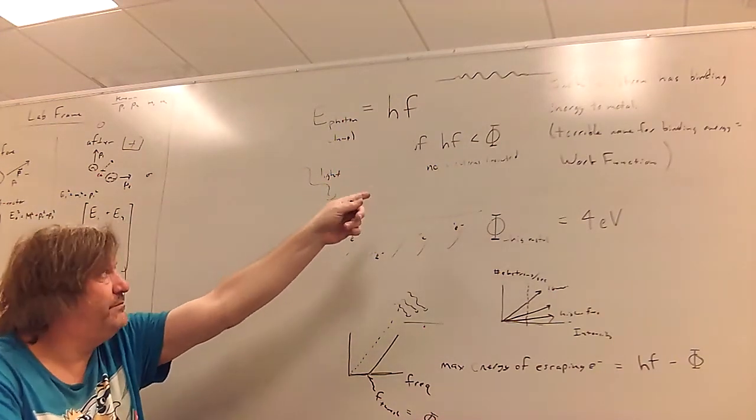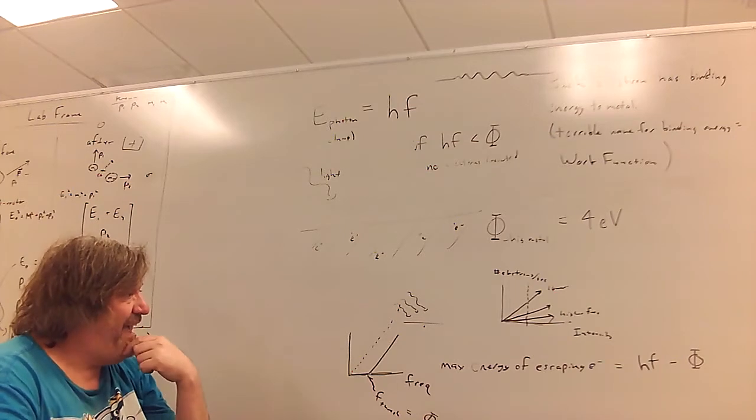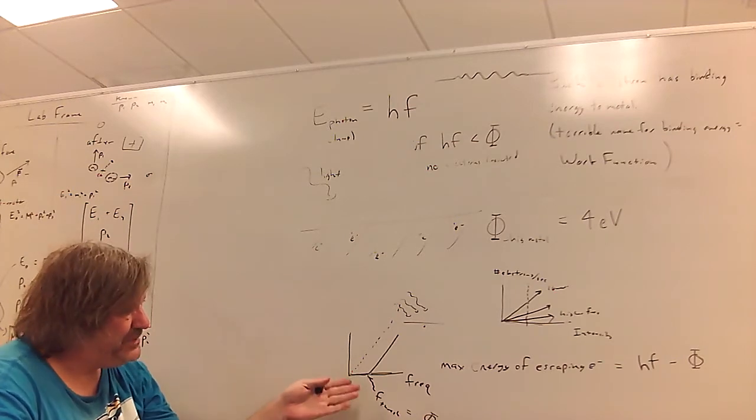If I make the light twice as intense, I always get twice as many electrons escaping per second.